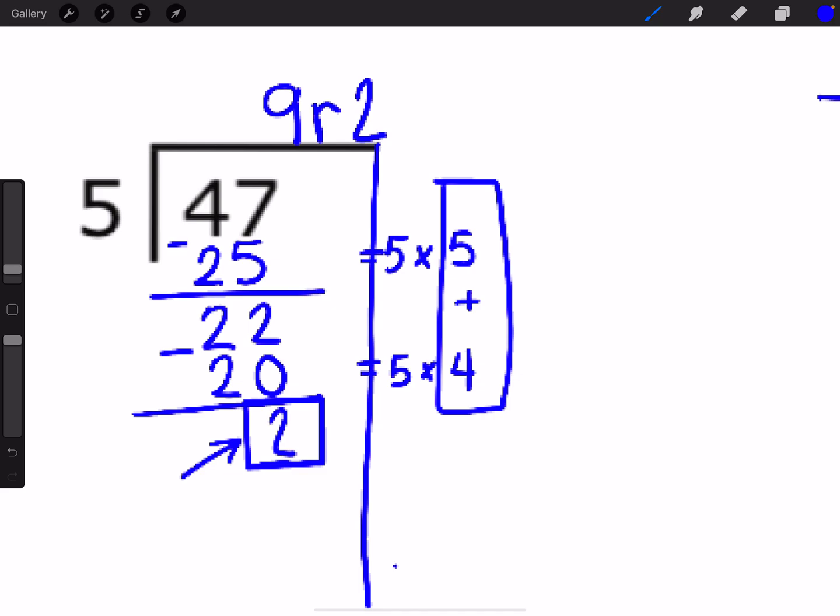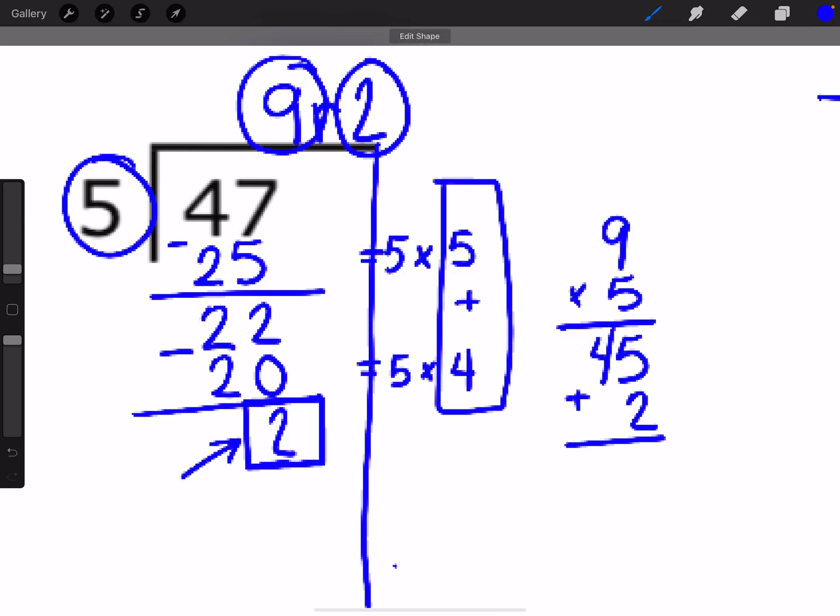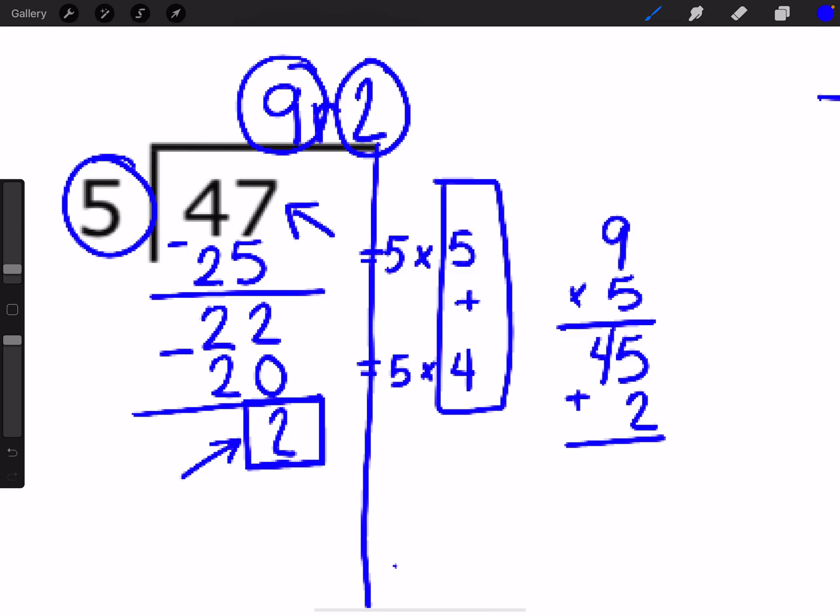And again, we can figure out if this is correct by doing multiplication. We take 9 times the divisor, which is 5. And 5 times 9 is 45. We add in the remainder, which is 2. And it should be the dividend.